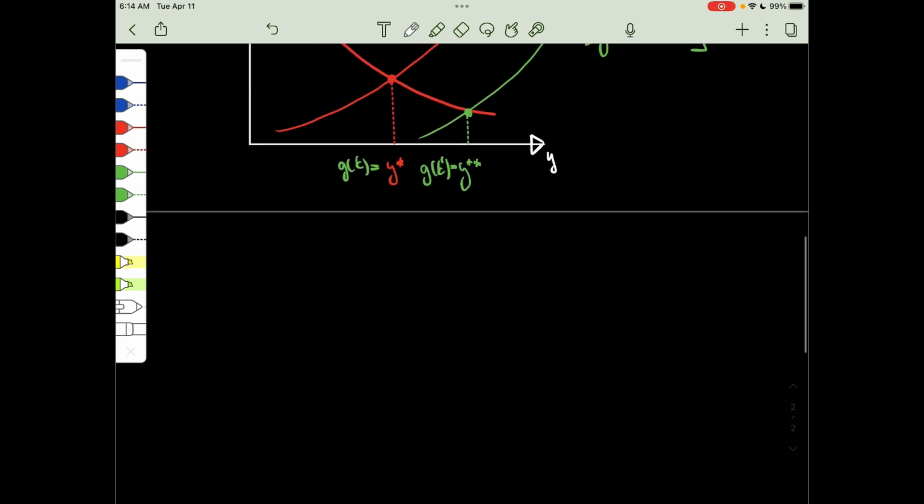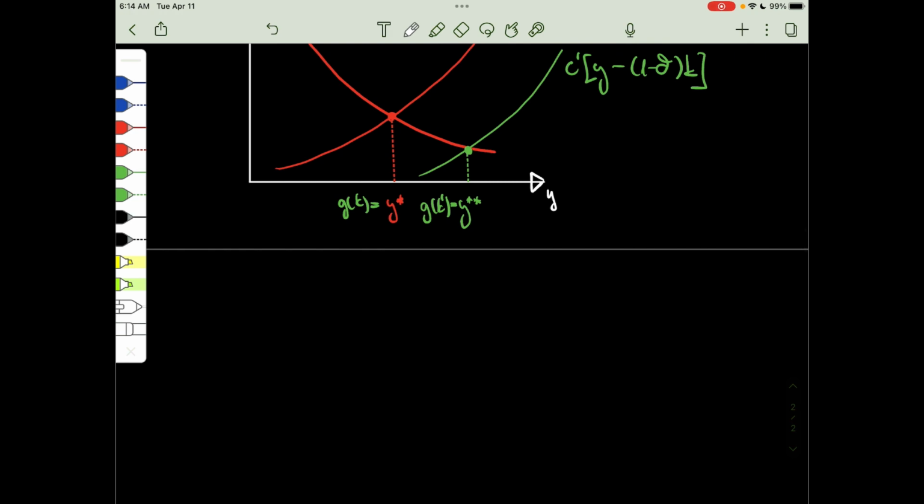So to demonstrate that policy function g is increasing in k, we will assume that g is decreasing. So we are assuming the exact opposite. Instead of g being increasing, we assume that g is strictly decreasing.